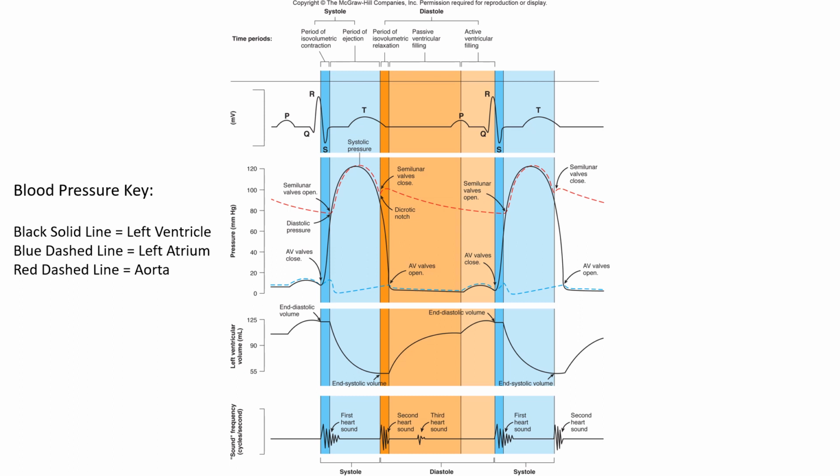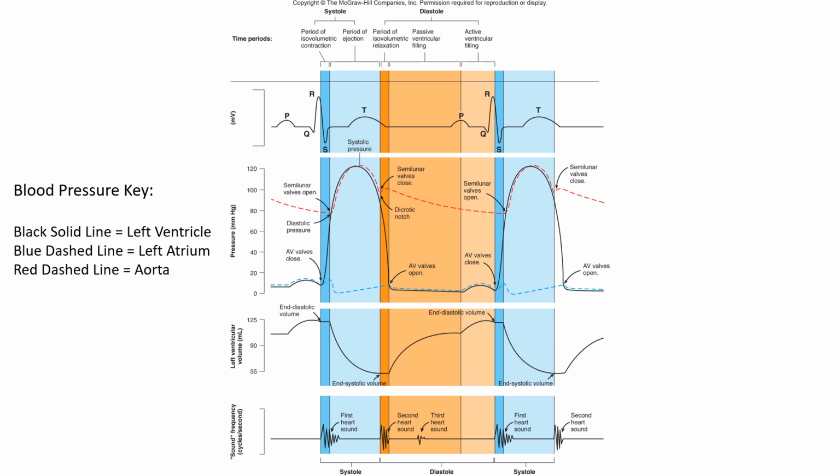If you look down at the third trace, you see the volume of the ventricle increases during that passive ventricular and active ventricular phase. If you look at the volume during passive as opposed to active, the majority of the volume is reached during passive filling. The atria contracting and finishing off the active ventricular filling really just tops off that ventricle.